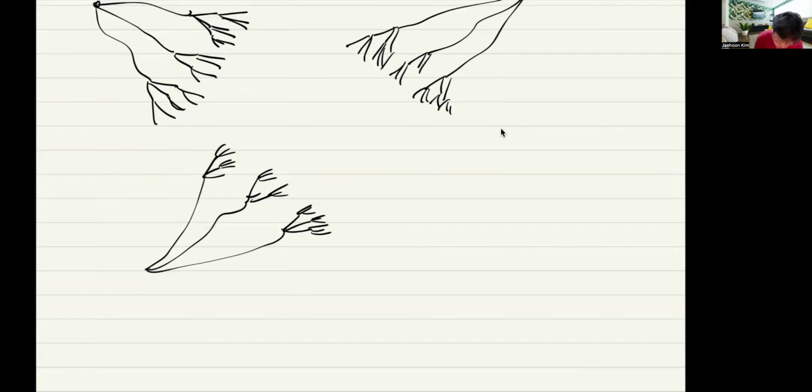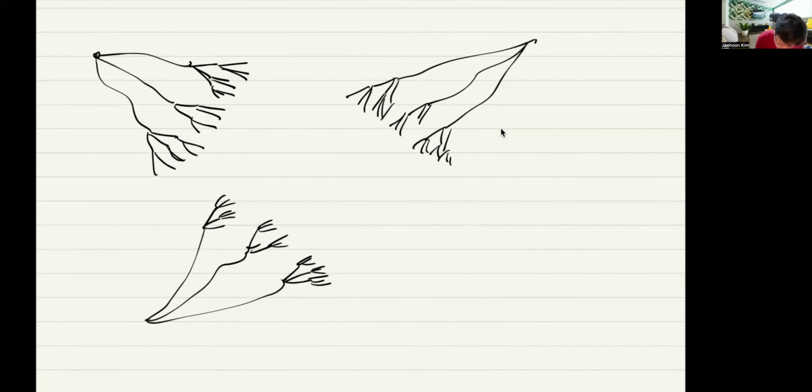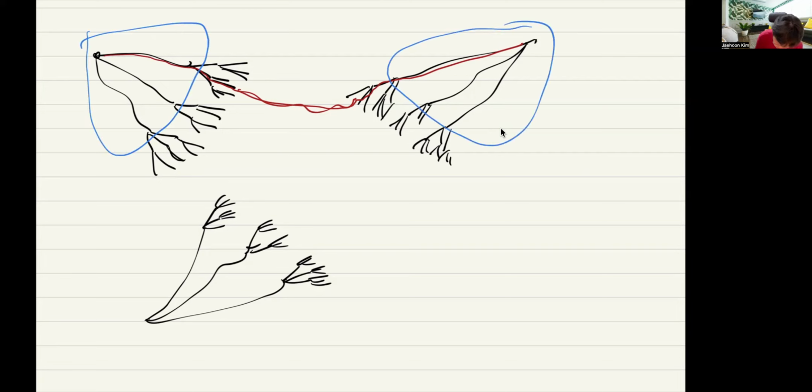Now what? We connect them one by one, find the paths. And once we find paths, now this will be our path. While doing that, you want to make sure that your path does not intersect the center.